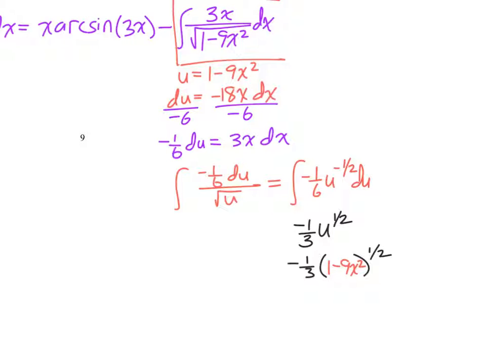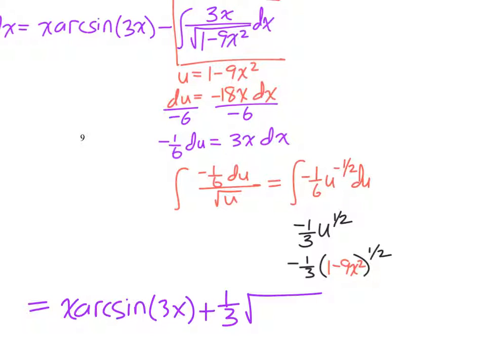So my final answer is going to be x arcsine 3x plus, because I get two negatives, 1/3. Just make it look a little nicer, I'm going to make a radical. It's a more handsome expression. And then tack on the plus C at the very end.